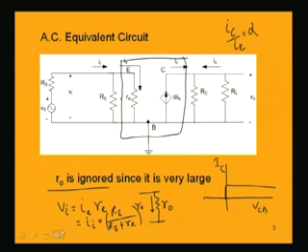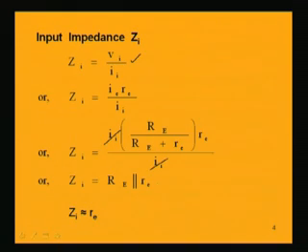So, Zi is nothing but the input resistance, because there are no other components like capacitances, inductances, etc. Here only pure resistances are there. So, input impedance is nothing but input resistance, which is capital Re parallel small re.